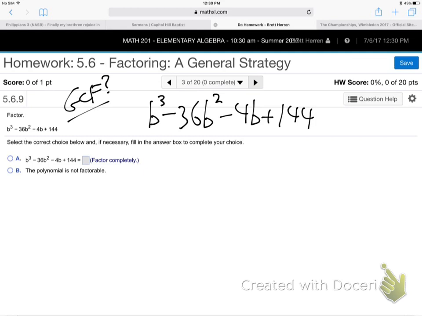Is there something that goes into all 4 terms? No, they don't all have a B, right? The last one doesn't have a B. There's not a number they all have. The front one doesn't have any number at all. So no GCF.